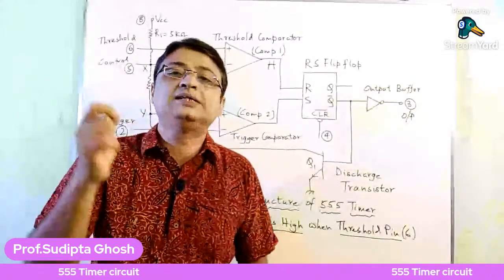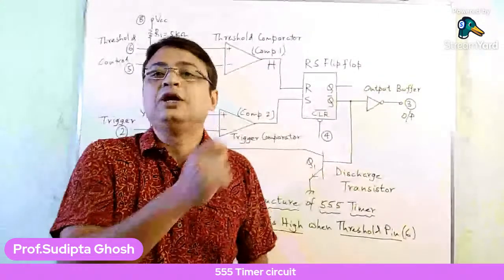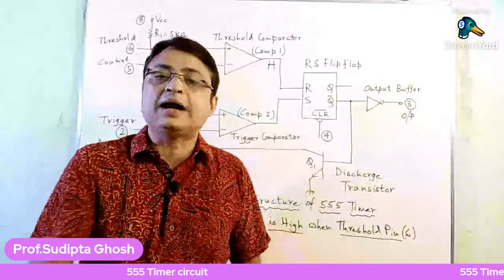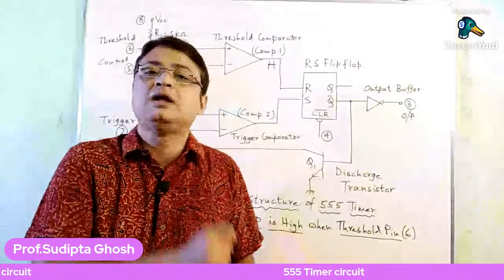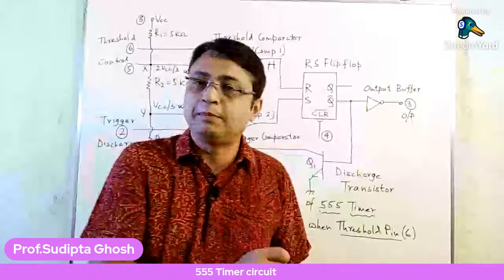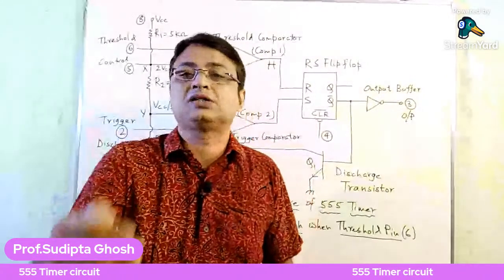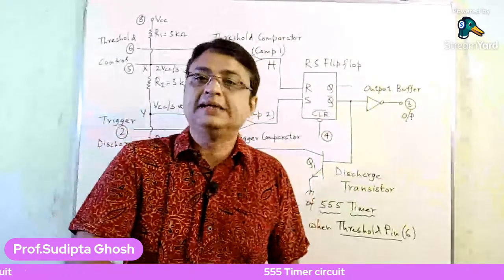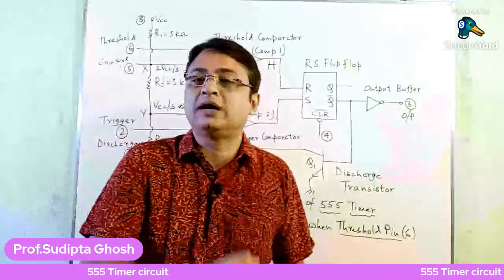Now, when this threshold comparator gives a high output, when the non-inverting terminal, that is the threshold terminal voltage, goes above the voltage appearing across its inverting input, that is the value already ascertained, 2/3 VCC.